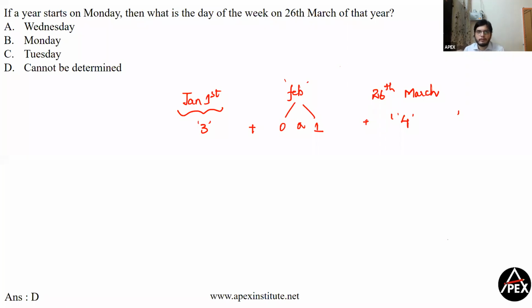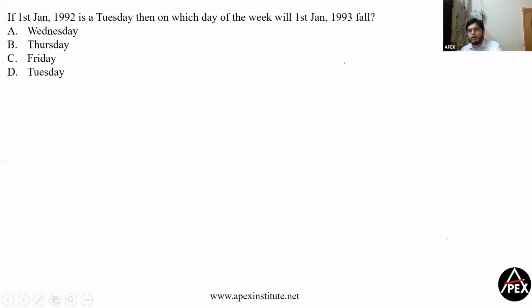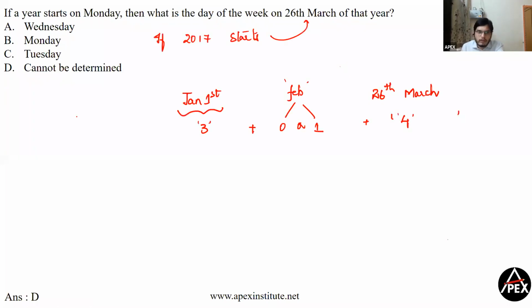So we cannot have a definite answer because we do not know whether the given year is a leap year or not. If 2017 starts on Monday, then we will be able to determine the day of 26th March. But for a given year, you cannot determine whether it is a leap year. So the answer is cannot be determined.